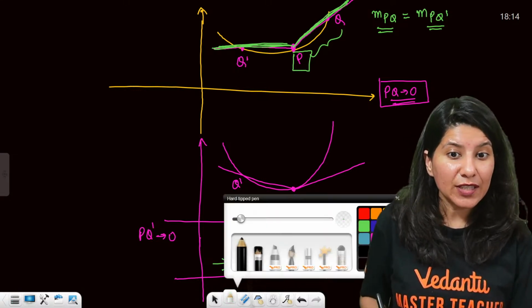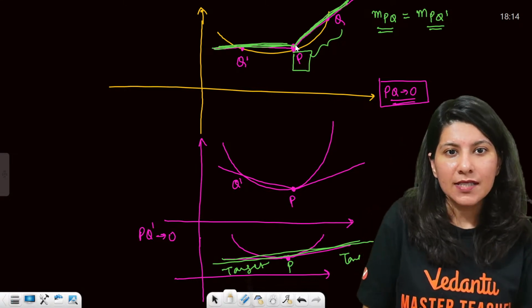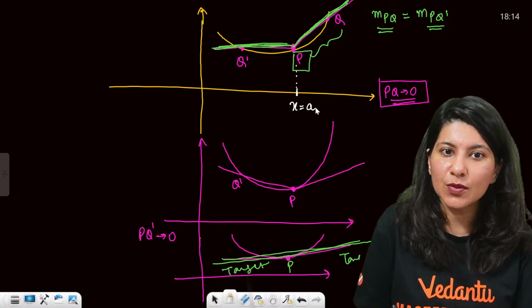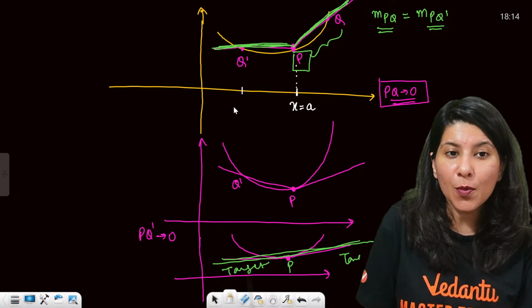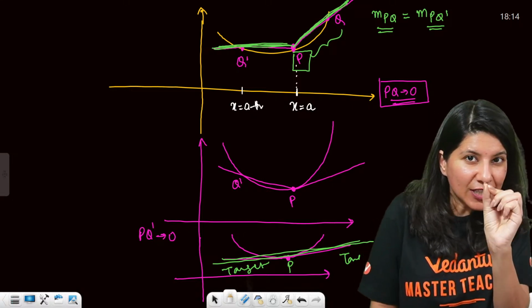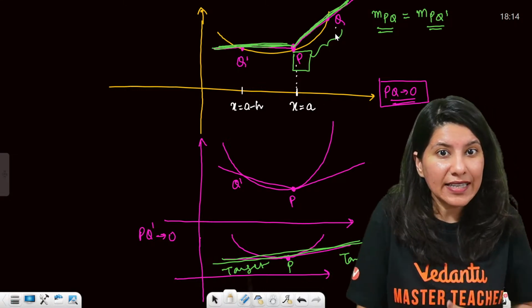Now I'm going to tell you the condition of differentiability. Hear me nicely. Suppose this is point P, let's say this is x equals a. And this Q dash point is x equals a minus h. So we are just reducing a very little thing from a. And on the right hand side, can you see Q?